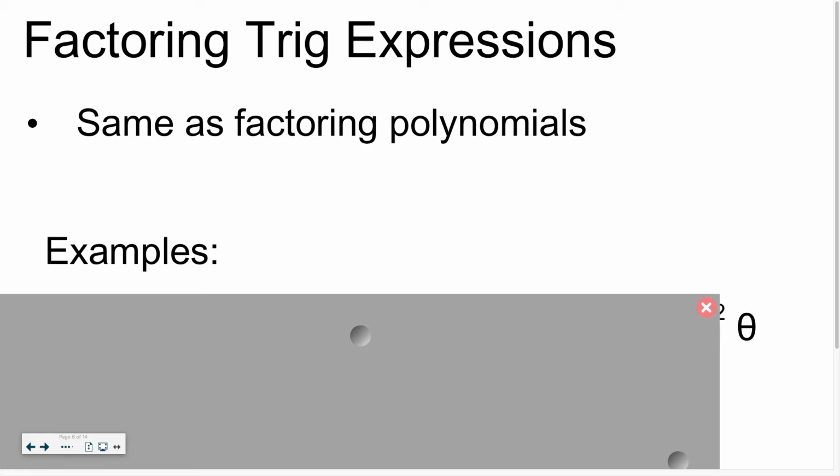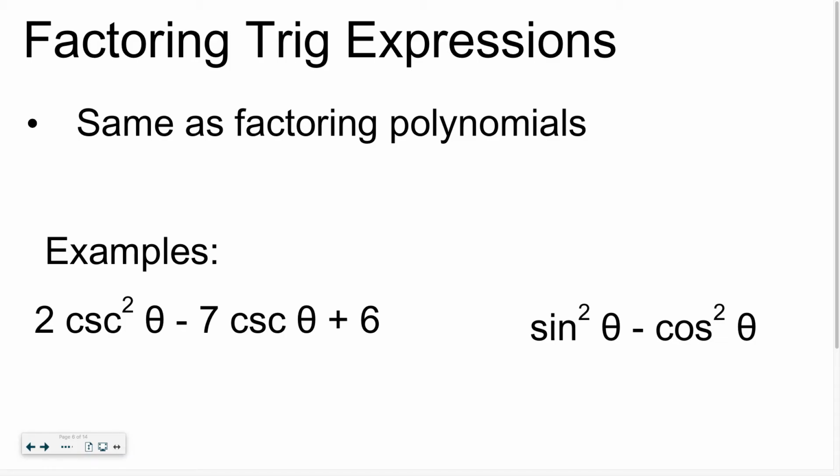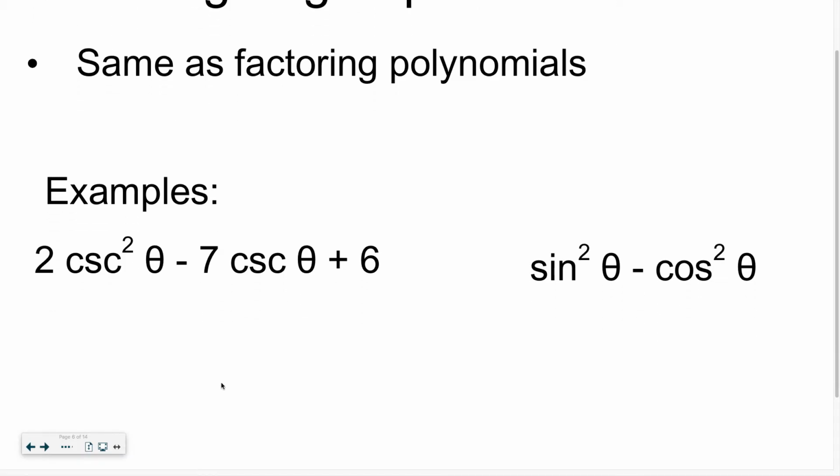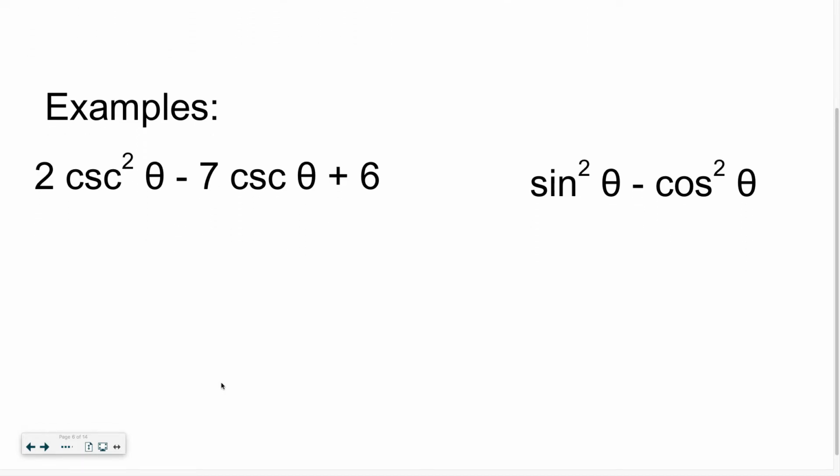Okay, so here are two that we're going to try to factor. So I've got 2 cosecant squared theta minus 7 cosecant theta plus 6. And you're going to notice in the textbook they might change x's to thetas or alpha or beta.